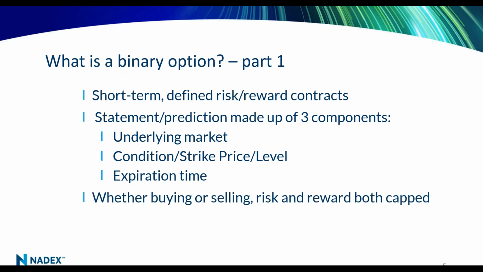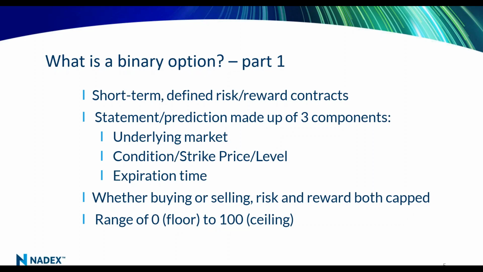We're going to get a little bit more into that in a second. I just want to tee this up. And it doesn't matter whether you're buying it or selling it, your risk and your reward is defined up front, and they are both capped. So you know, again, it is a defined risk reward environment. All right, that is what a binary option is, and it does have a range.